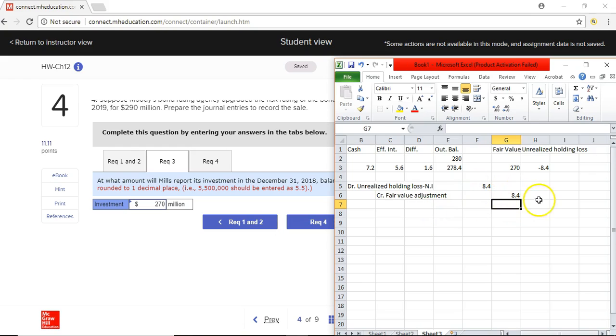By this journal entry, we create a new account called fair value adjustment.